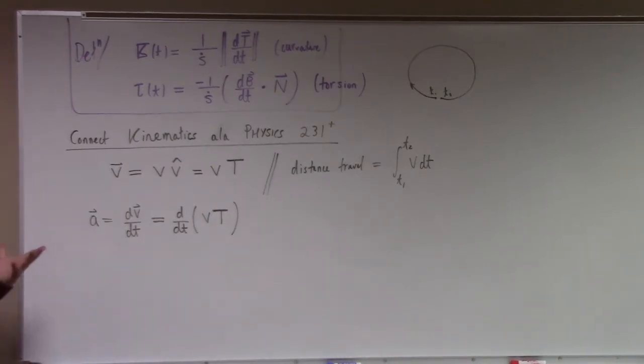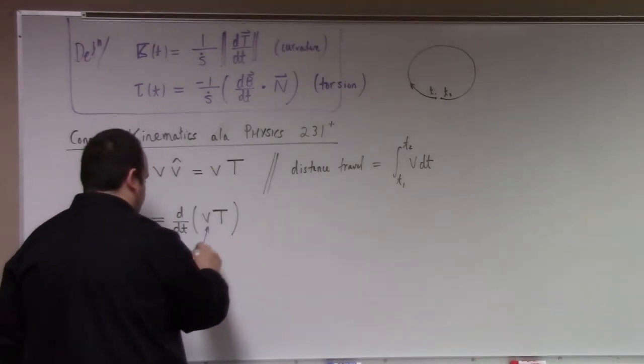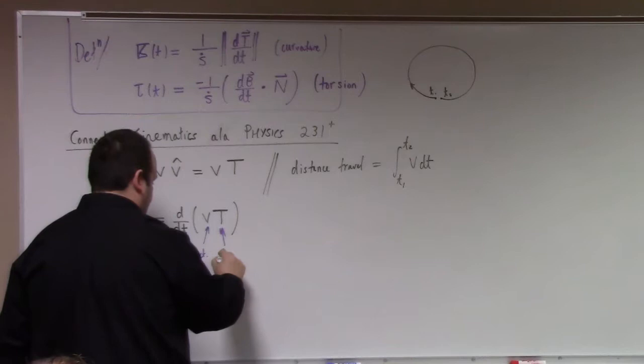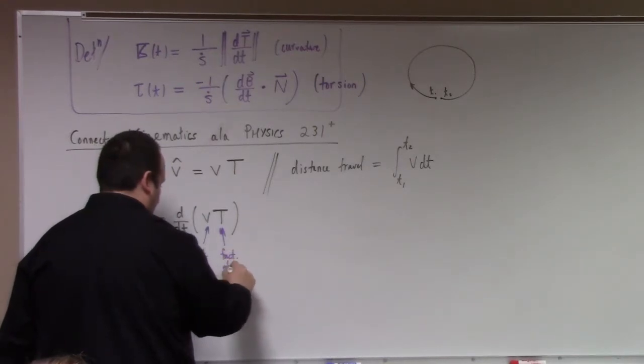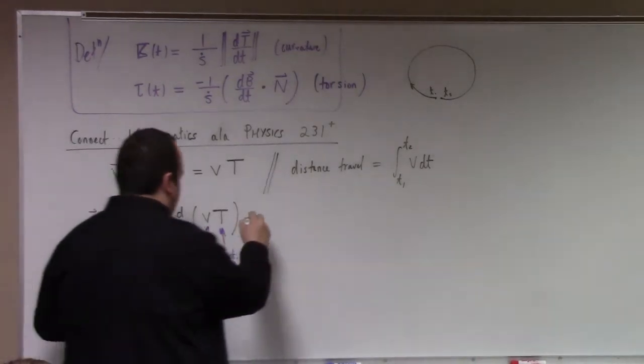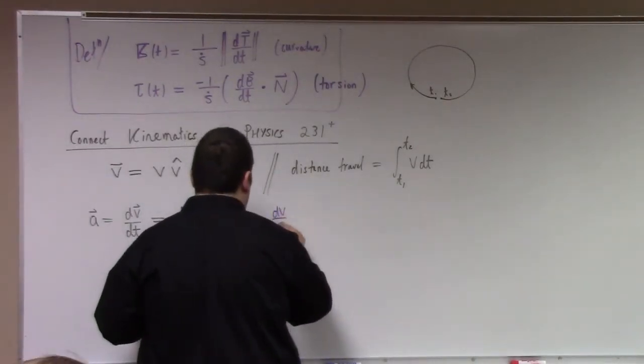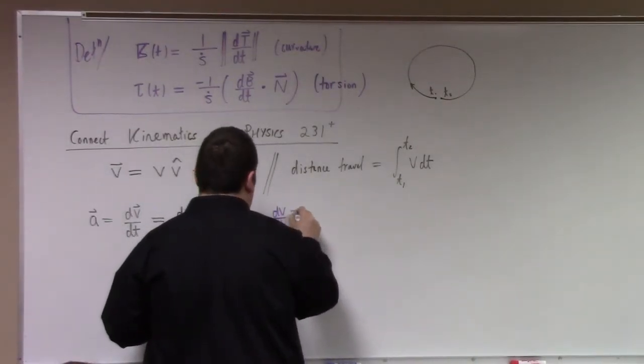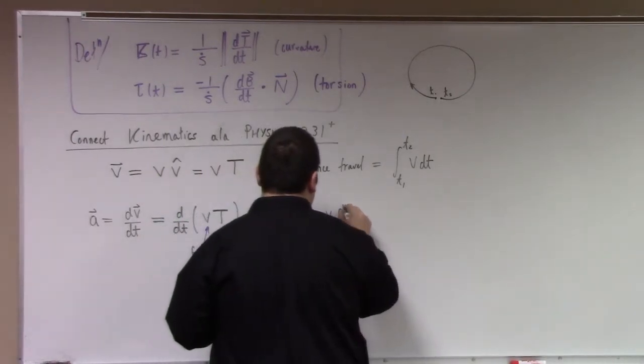This is a product rule, because both are functions of time. The product rule tells me this is the derivative of the speed with respect to time times the unit tangent, plus the speed times dT/dt.